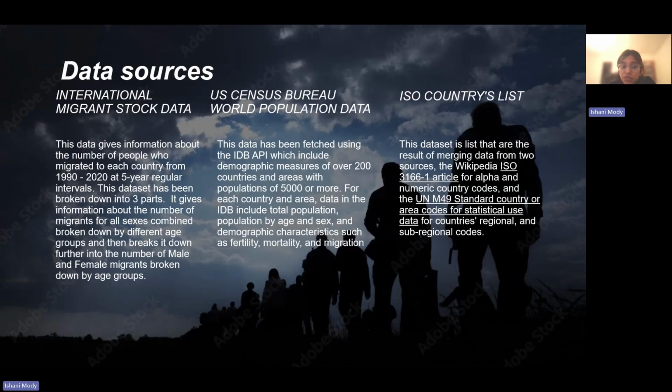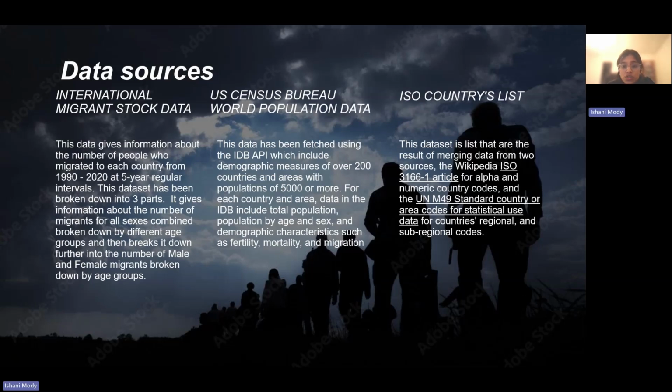This data gives information about the number of people who migrated each year from 1990 to 2020 at 5 year intervals. It is divided into three parts. The first is the total number of people who migrated. The second is broken down into different age groups of people who migrated, and the third is the division based on their genders and age group.